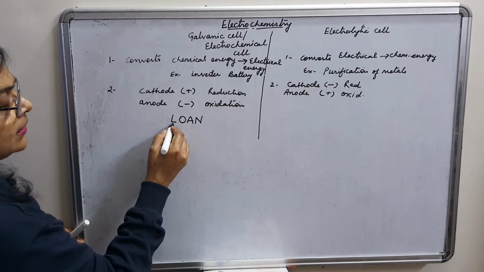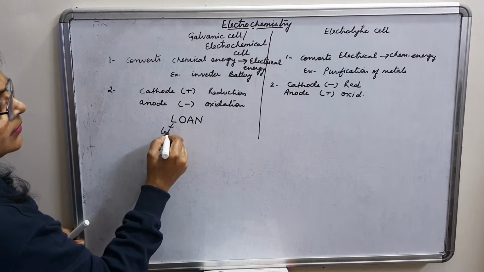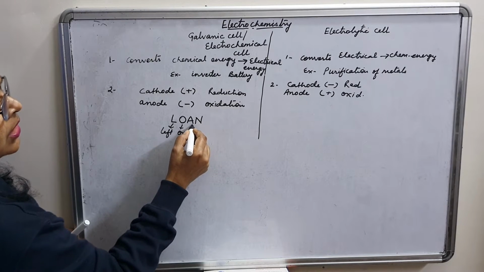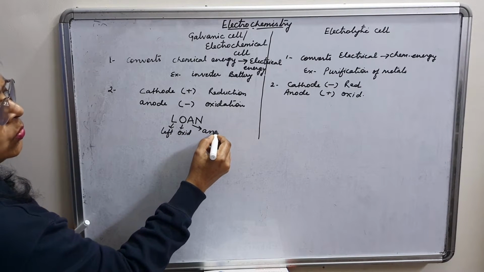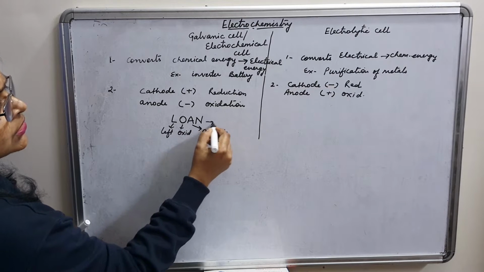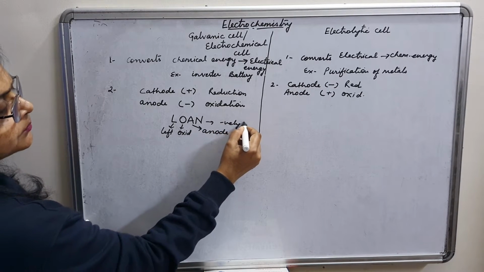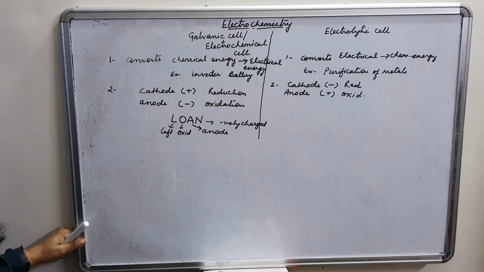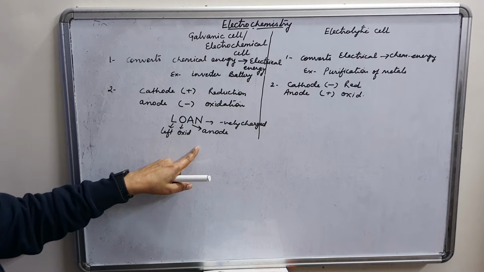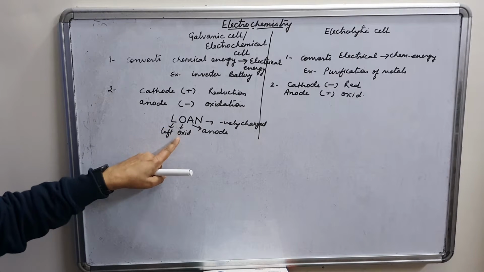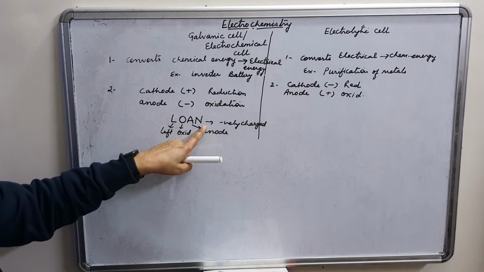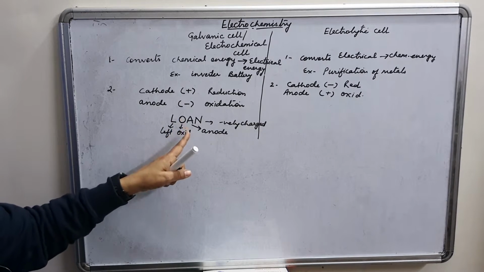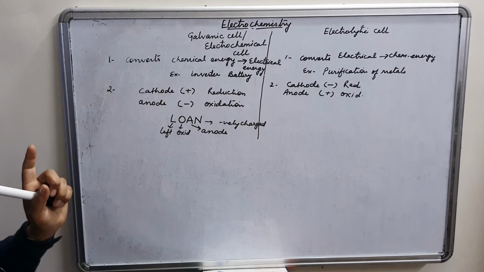In a galvanic cell, on the left hand side, there is oxidation going on, and that is the anode, which is negatively charged. This happens in the galvanic cell, where oxidation is going on at the anode and that is negatively charged. But in the electrolytic cell, oxidation is going on at the anode but that is positively charged.